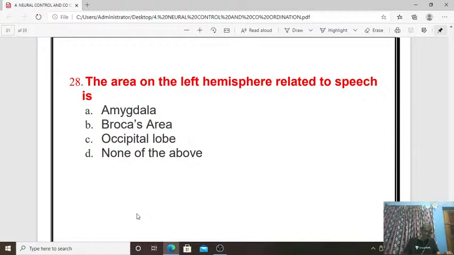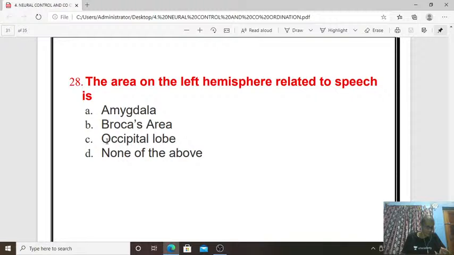Next, 28th question. The area on the left hemisphere related to speech is which one? So the area of the left hemisphere related to speech and hearing.